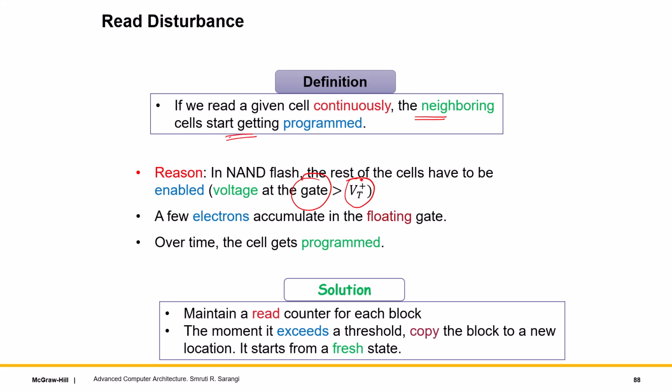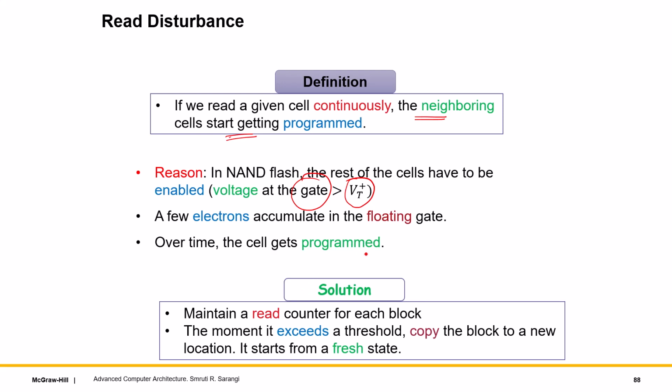Over time, the cell gets programmed, right? This is known as read disturbance, which basically means that in an array of flash cells, like in NAND flash, the moment we are accessing one cell for reading, the rest are getting subtly programmed, like leakage current.